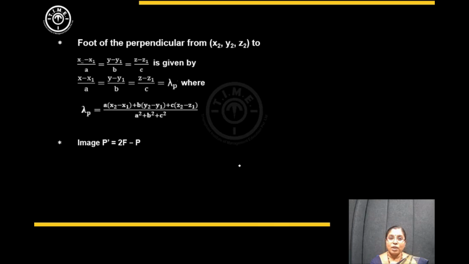Using this, we can find x, y, z, which is the coordinate for the foot of the perpendicular. And to find the image, we'll use the property that the foot of the perpendicular will be the midpoint of P and P dash. So the image will be 2 into the foot of the perpendicular minus the given point.